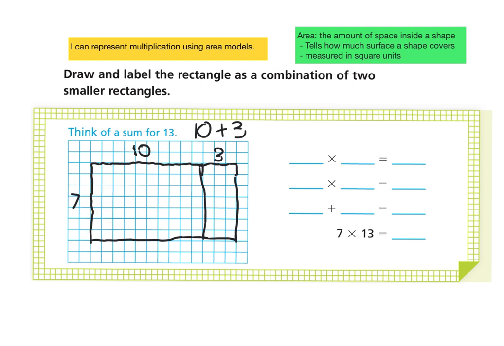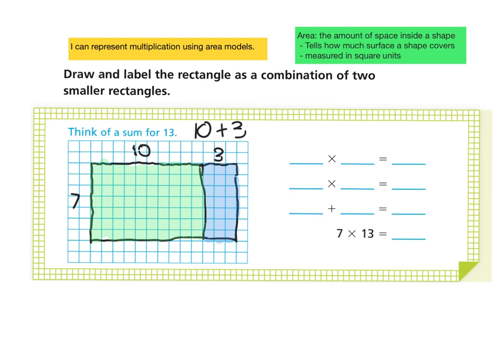Now this whole entire shape, that's going to tell us our area. When I color the shape in, you can see we made 2 different rectangles. So we're going to find the area of these 2 separate rectangles and add them together. Well, if I have 10 across and 7 down, that means I'm going to have 10 times 7. There's going to be 70 pieces in here, 70 square units.